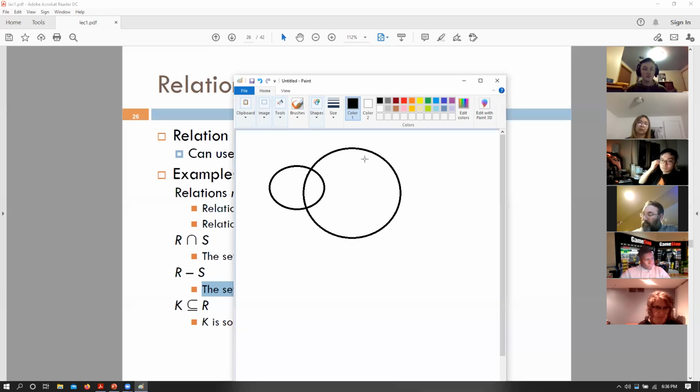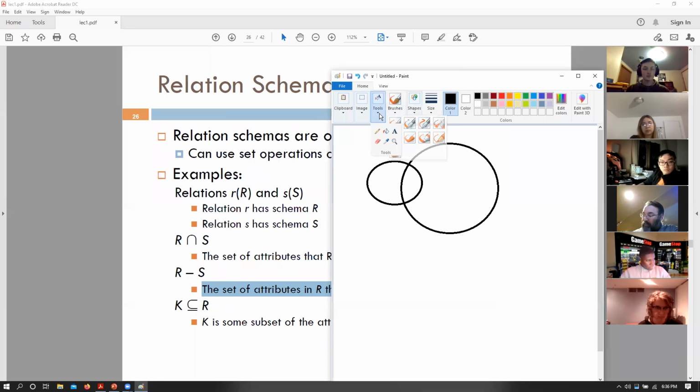Let's say this one is R, this one is S. Then R intersection S is this part, which is common to both of those schemas. R minus S, where the smaller one is R and the larger one is S, are all the attributes that are part of R but not part of S. So this part is not in R minus S, right?